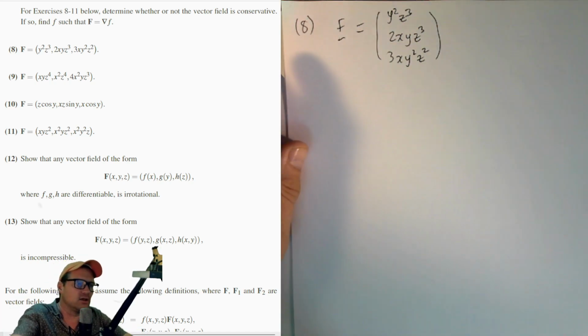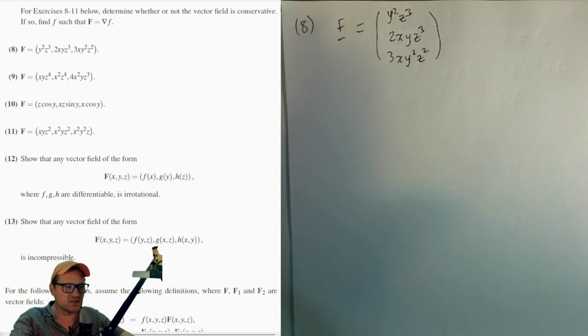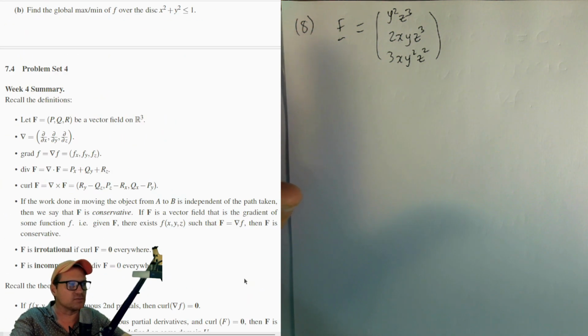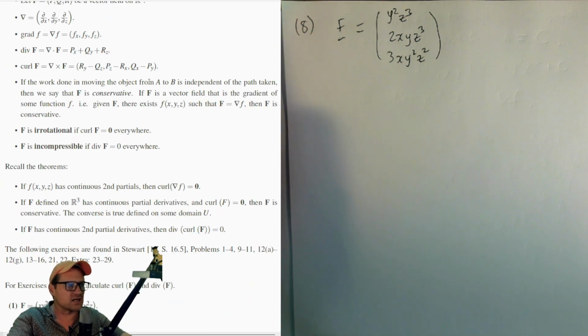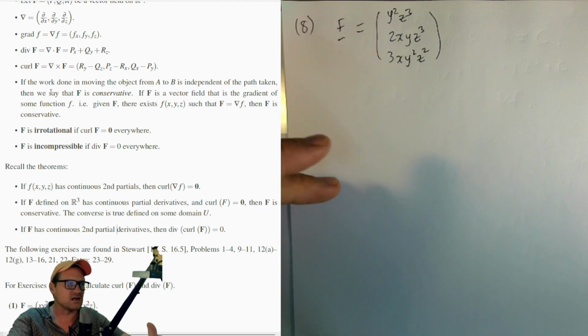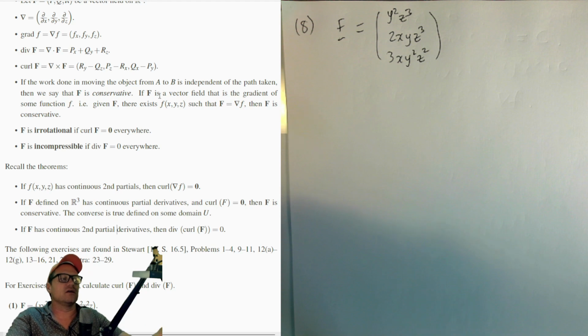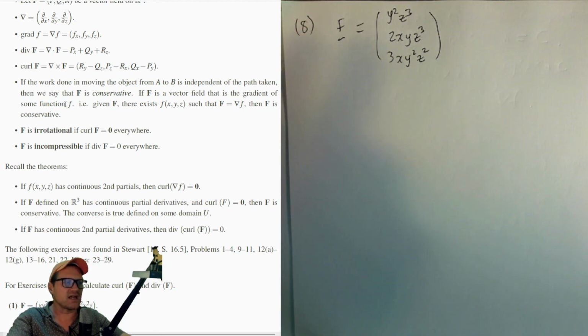Now, let's go ahead and look at what the definition of conservative was. So I'll scroll up. If the work done in moving an object from the point A to the point B is independent of the path taken, then we say F is conservative. If F is a vector field that is the gradient of some function lowercase f, in other words, given the vector field F, there exists a scalar function f of x, y, and z such that the vector field F is grad of the scalar function f, then F is conservative.